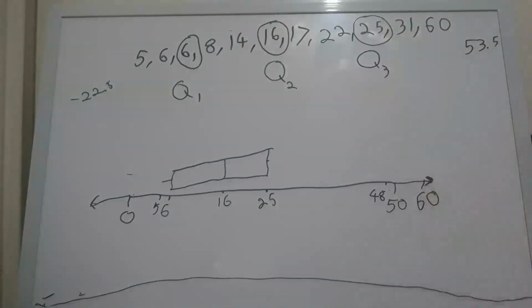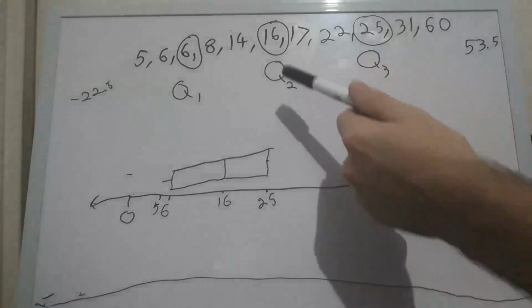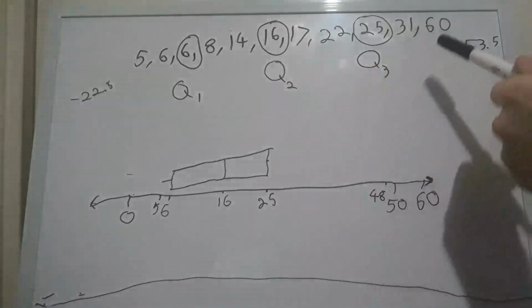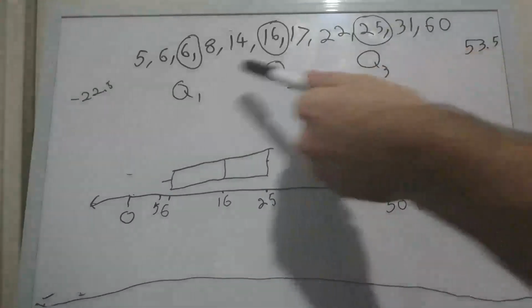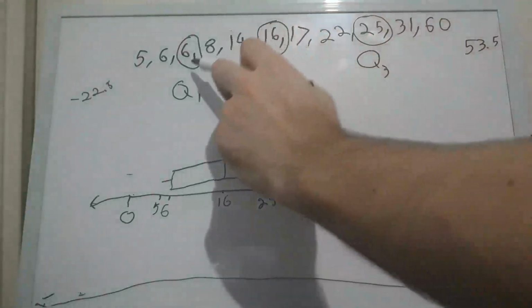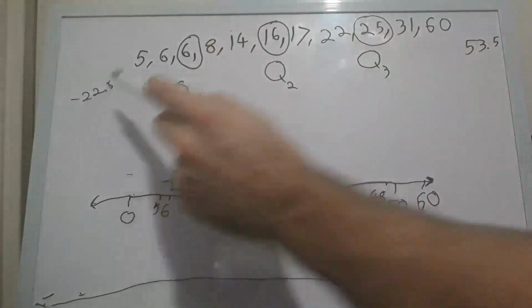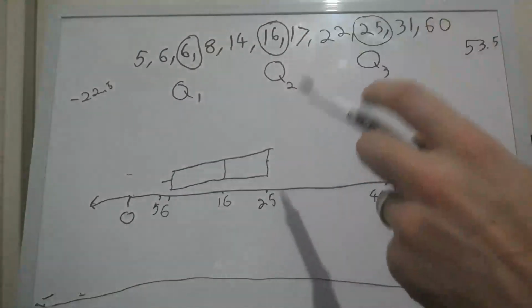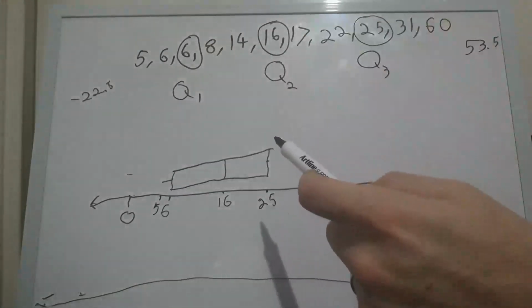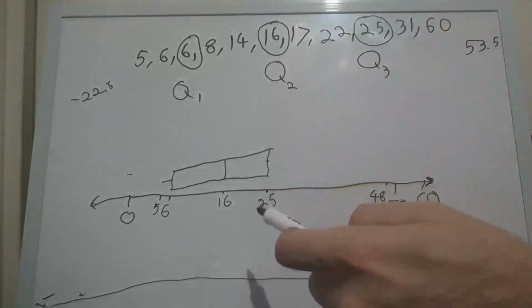Now, we've already calculated the quartiles. Even if this is 60, the quartiles are not changed. Therefore, your interquartile range has not changed. That also means that your method for determining if there are any outliers has not changed. So negative 22.5, 53.5 are still your cutoff values for does this data set have an outlier?